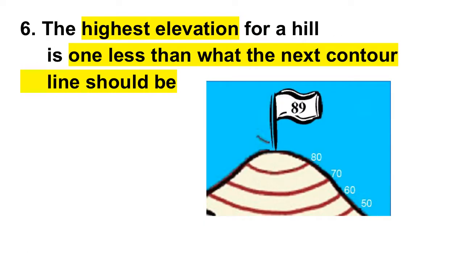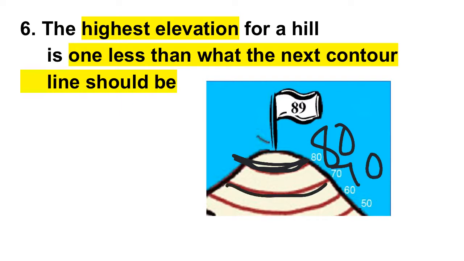Number 6, the highest elevation for a hill is always going to be one less than what the next contour line should be. So on this map, or on this, I guess, picture, this very top contour line is 80. The one below that is 70. So they're going up by tens.